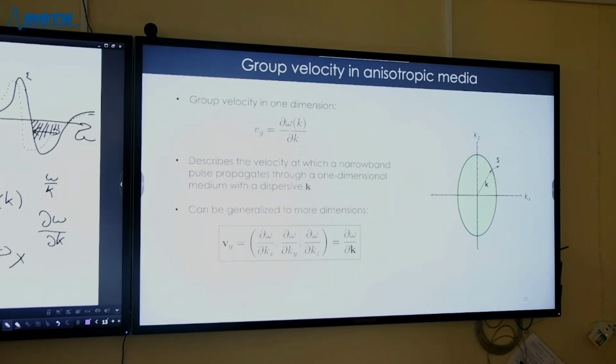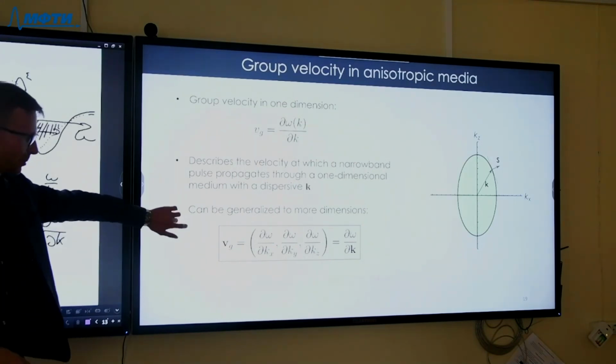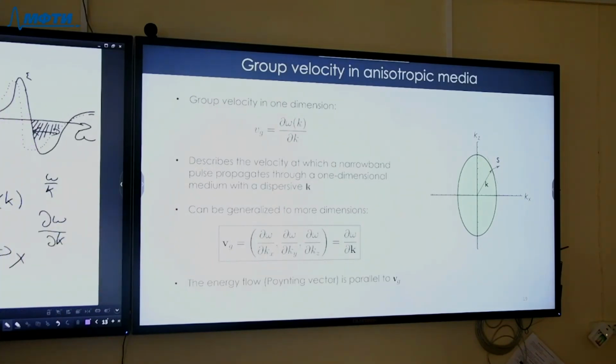So the group velocity is just pointing in the direction of the normal of the isofrequency. This is important to remember. And correspondingly, the energy flow, which is the Poynting vector, is parallel to the group velocity. So having the isofrequency of a certain medium, you can instantly understand in what direction the energy will be flowing in the system.